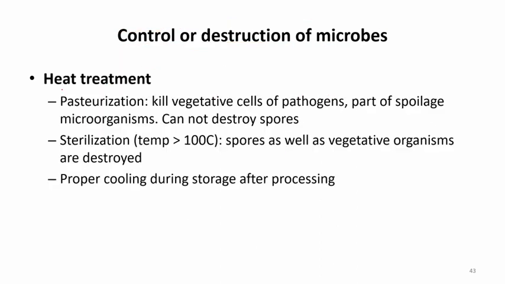Now the second approach is to use heat treatment. Heat treatment includes pasteurization. Pasteurization we carry out in the range of around 63 to 100 degrees C. Then we kill vegetative cells. Vegetative cell means living cell, tế bào sinh dưỡng.